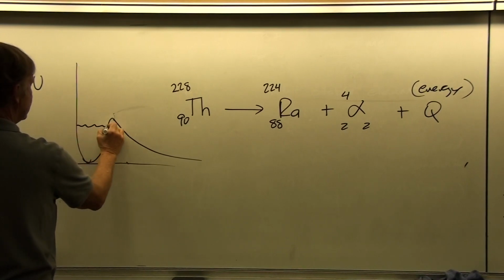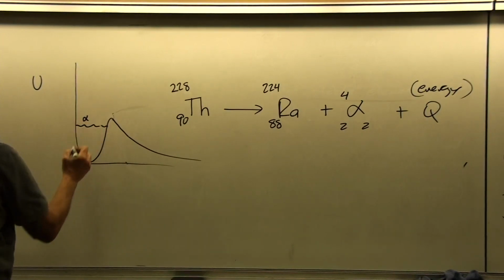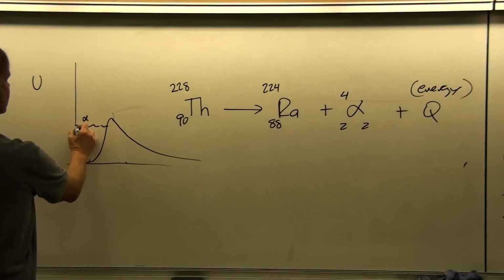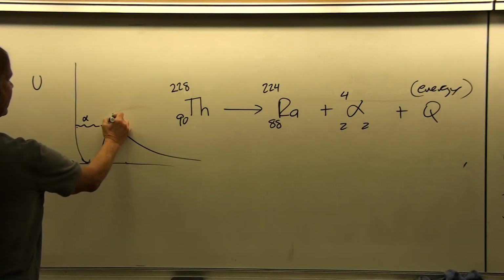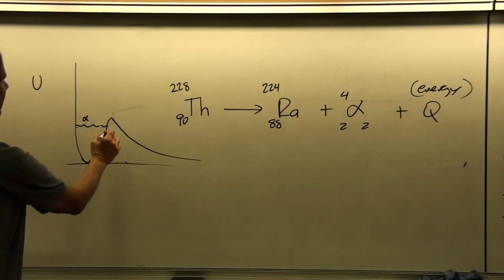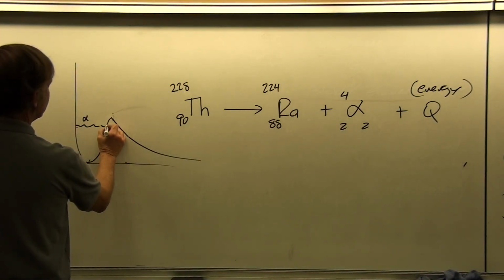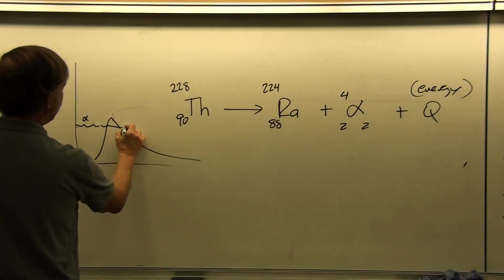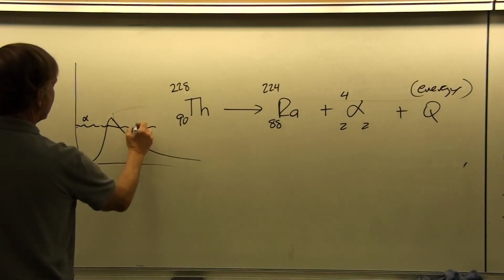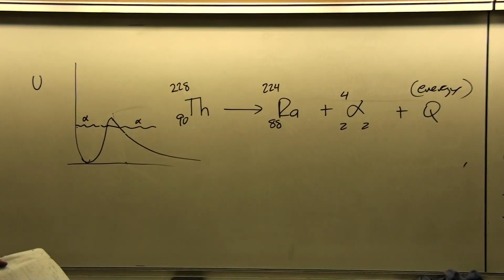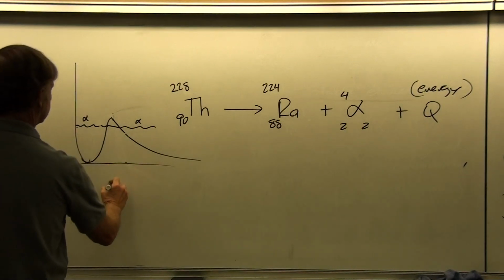Inside of the nucleus, we have an alpha particle that has an energy that's less than the maximum energy of the strong nuclear force. So the alpha particle is going to tend to tunnel through this barrier so that it can escape. This is the alpha particle after quantum mechanical tunneling.